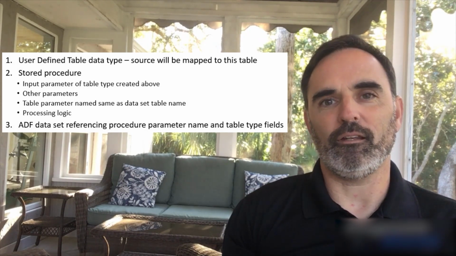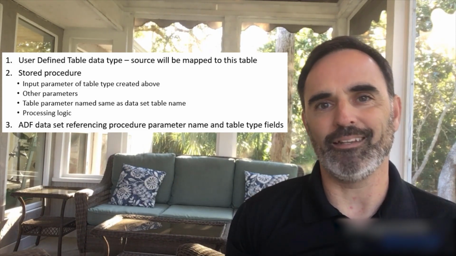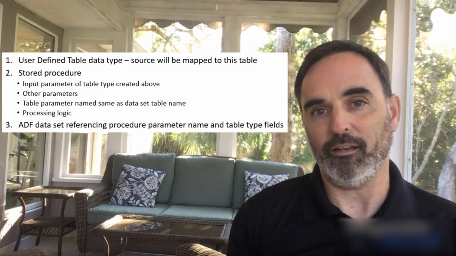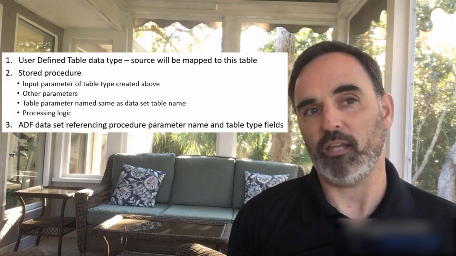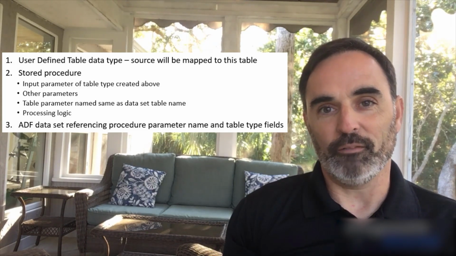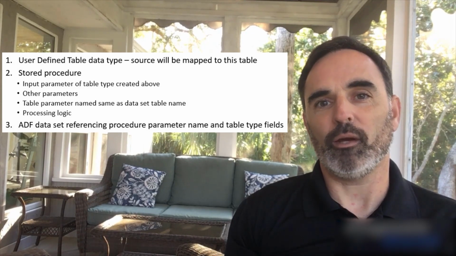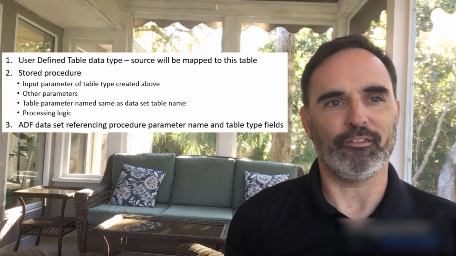And we want this user-defined table type to have a similar structure to our incoming source data. So ultimately, in a few more steps, we're going to map our source data to this table type. Then we need to create our stored procedure, and then we will create a parameter in that stored procedure using this data type, and I'll show this in a second.